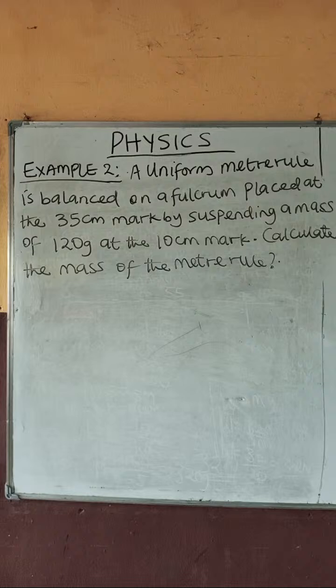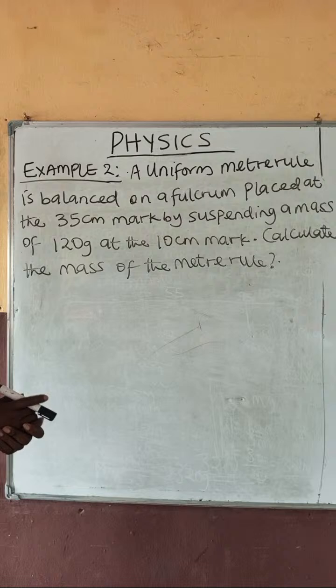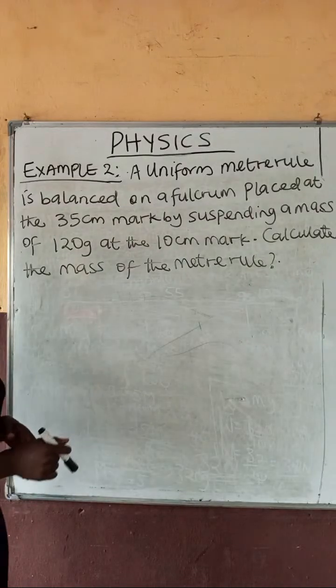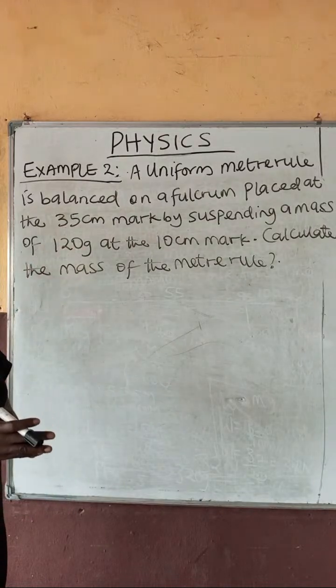All right, let's solve together to see who is actually correct. A uniform meter rule is balanced on a knife edge placed at the 35 centimeter mark. Once you see a uniform meter rule, it means a meter rule that balances on the 35 cm mark.